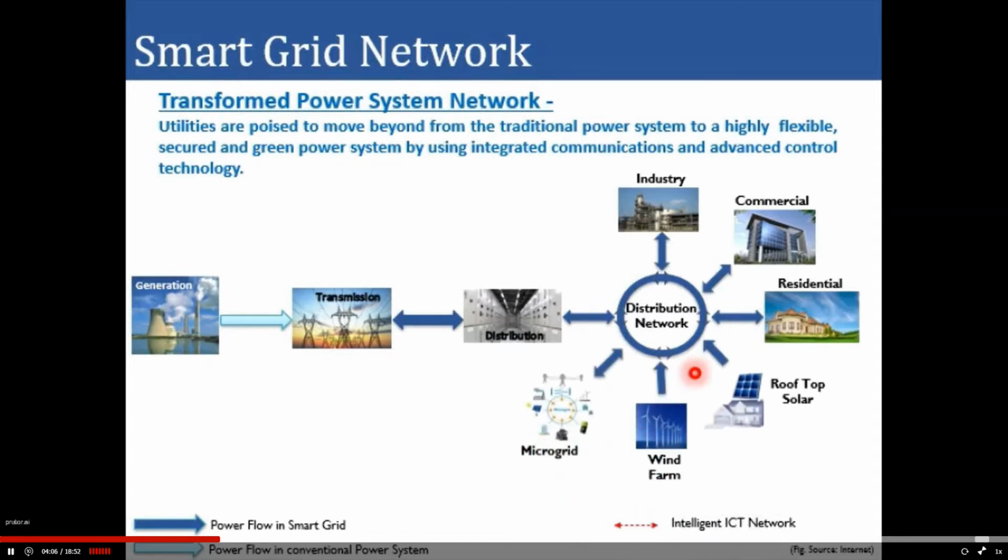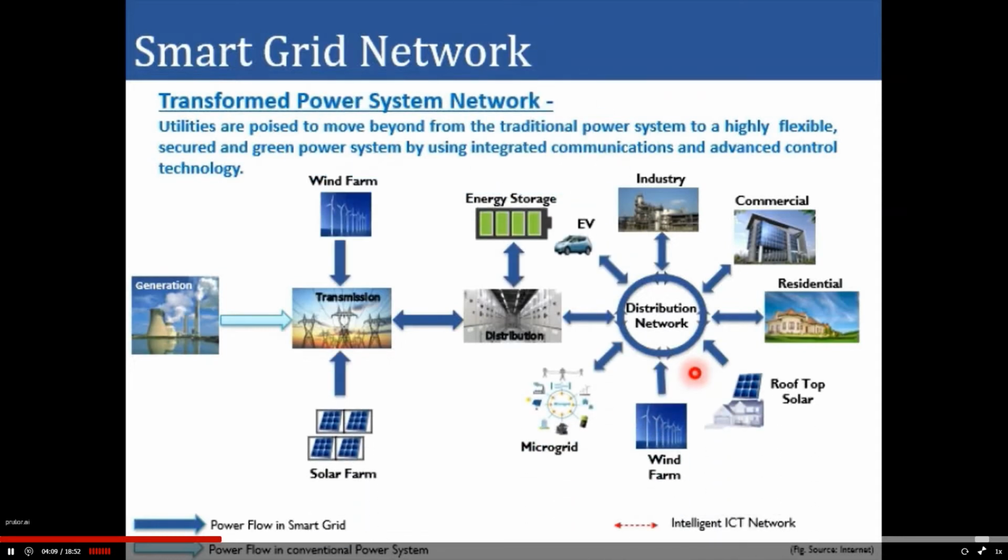Also, there would be some other integrations happening at various stages. Say the electric vehicle will also be a major load, as well as it can also supply power to the distribution network at some critical point of time. So electric vehicle generally comes with 40 kilowatt hour to 150 kilowatt hour or maybe more in terms of the battery storage.